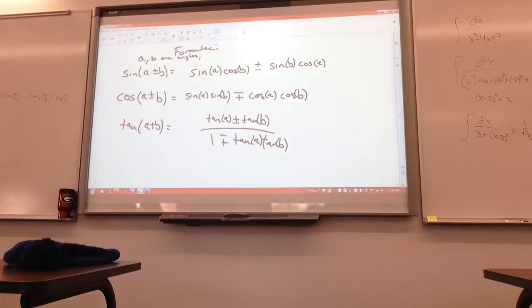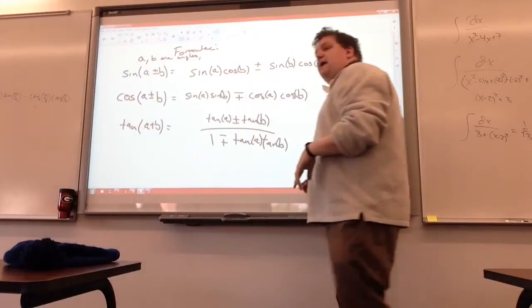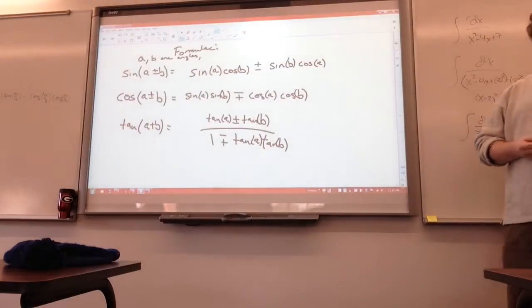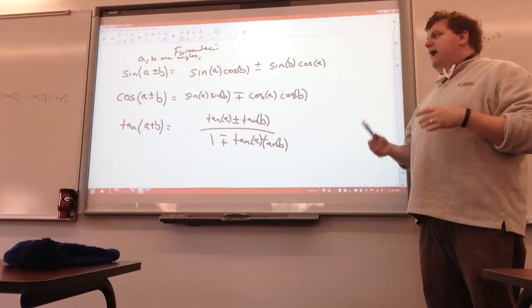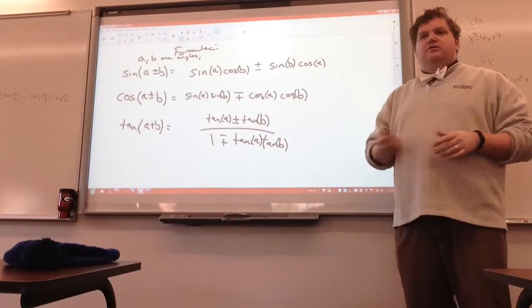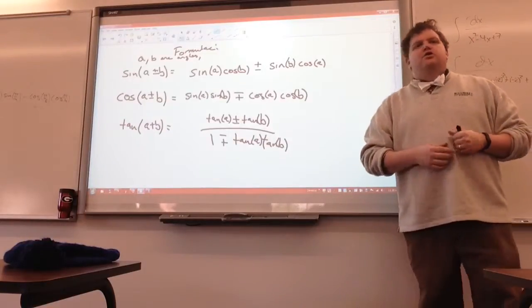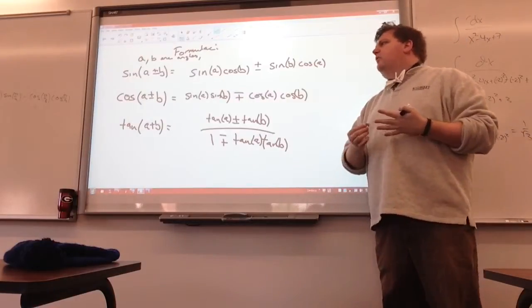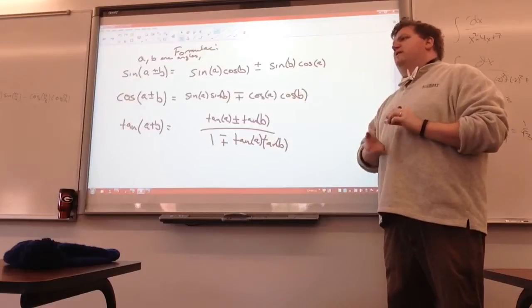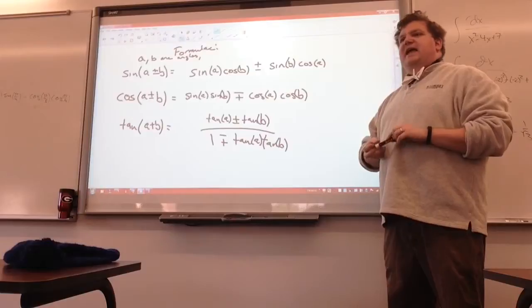And remember, by the way, these are two-way streets. If I've got something like this, I can reverse it back to this over here, and sometimes that's useful to do. Besides solving to figure out angles that you don't have, these are another set of identities you can use in a problem to simplify things or make substitutions. For example, there's an exercise in the homework that I'm going to put on there: derive the formula for the sine of 3x.